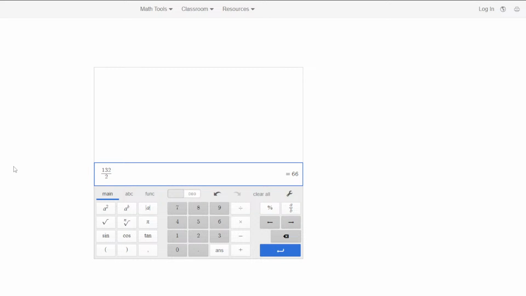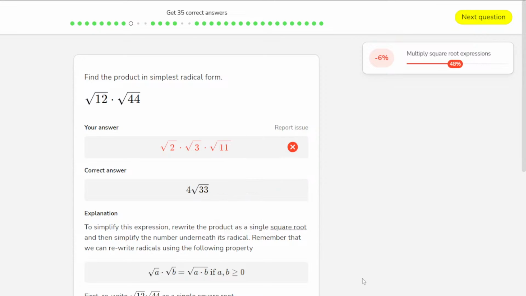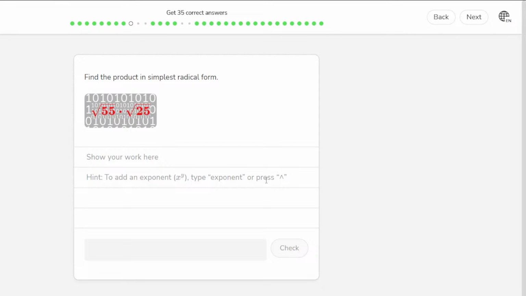Which is also the square root of... Okay, I'm just going to say the square root of 2 times square root of 3 times square root of 11. That's not going to be right. Is 4 times the square root of 33? That doesn't make any sense.